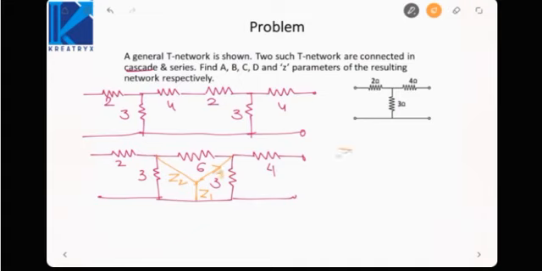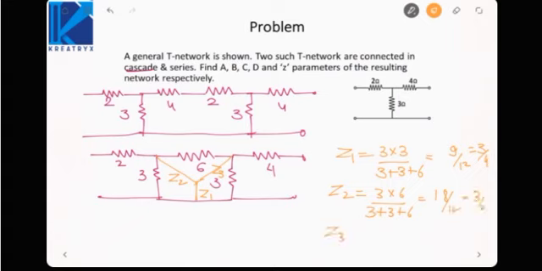So what will be Z1? Z1 will be 3 into 3 over 3 plus 3 plus 6. That is 9 by 12, or we can say 3 by 4. What about Z2? 3 into 6 by 3 plus 3 plus 6. That is 18 by 12, or we can say 3 by 2. Z3, 3 into 6 over 3 plus 3 plus 6, that is actually 3 by 2.